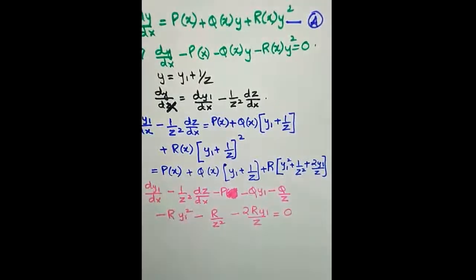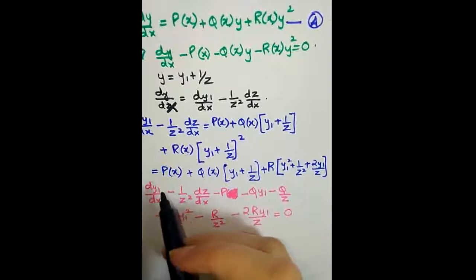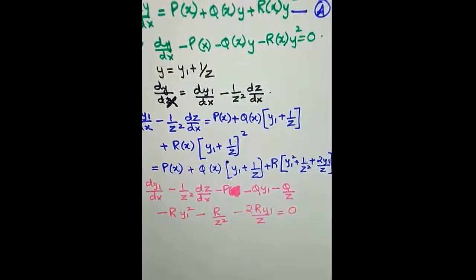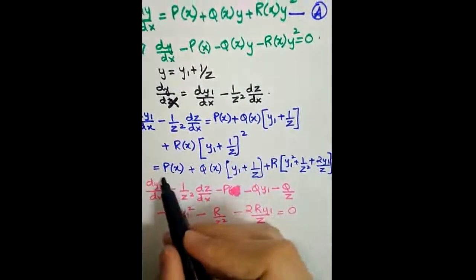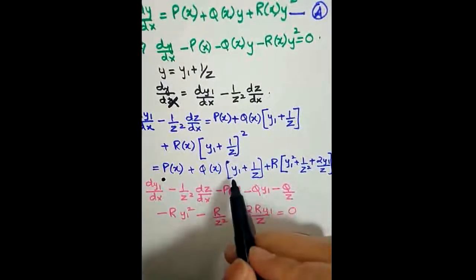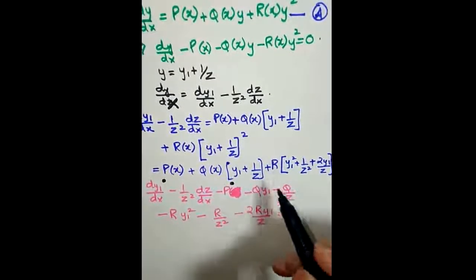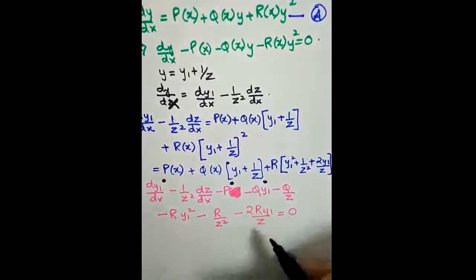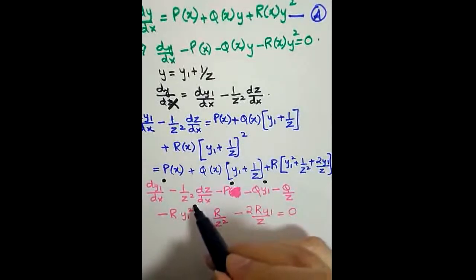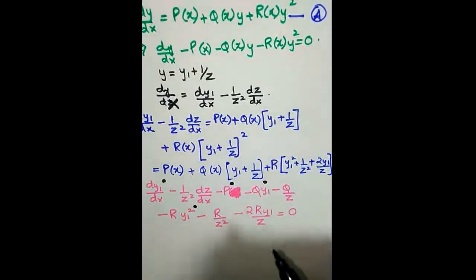Okay. Now next step is an important step. I am selecting some values and I will tell you why I am selecting those values. dy1 by dx minus p, q into y1 and r into y1 square.